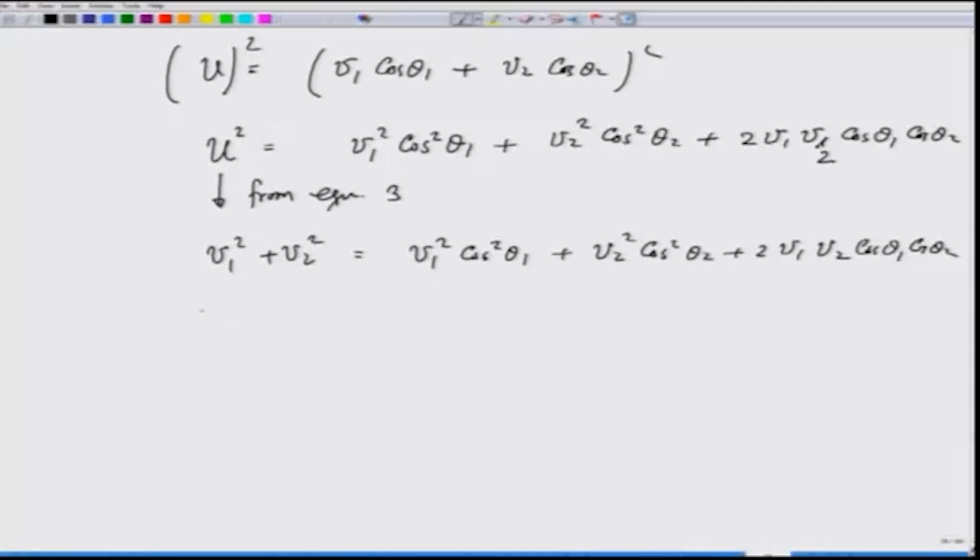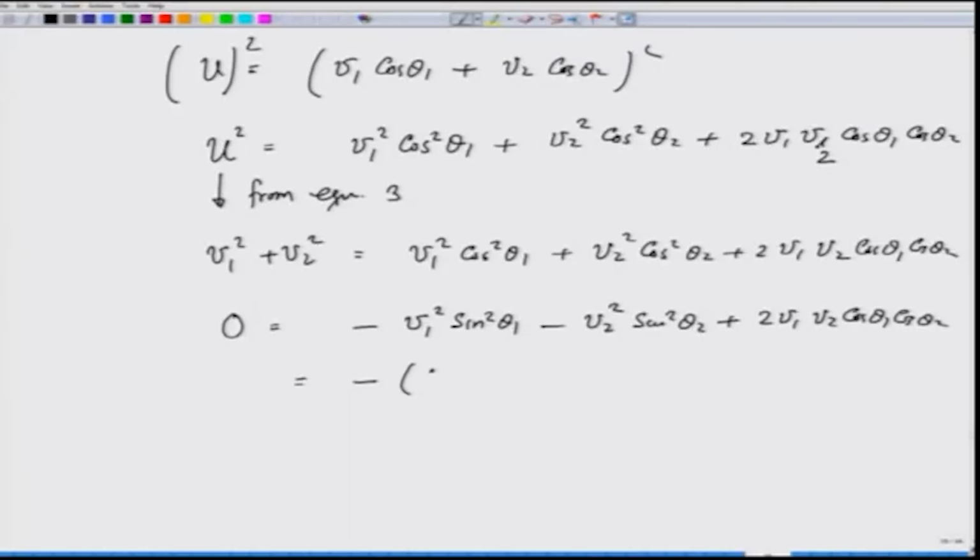I will take V1 square and V2 square to the right hand side, and therefore I will get 0 equals minus V1 square sine square theta 1 minus V2 square sine square theta 2 plus 2 V1 V2 cosine theta 1 cosine theta 2, which I can write as minus V1 square sine square theta 1 plus V2 square sine square theta 2 plus 2 V1 V2 cosine theta 1 cosine theta 2.